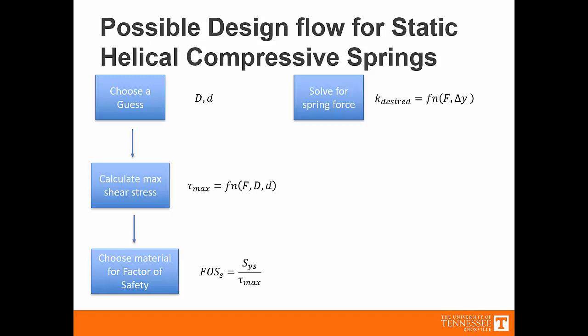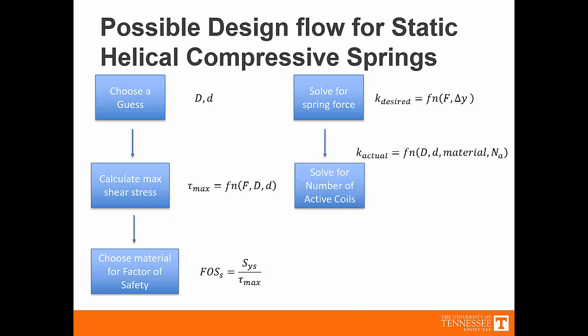From there, the next thing we'll do is compare our desired spring constant, which is almost always something that's given to us: how much are we displacing and what forces do we want it to give us as we displace? And then we're going to find what our actual spring constant is. And this will tell us we're going to decide a number of active coils to figure out how this spring constant is actually made, and again we'll have to iterate from this point to make our actual close enough to the desired, and then finally we get a total length.